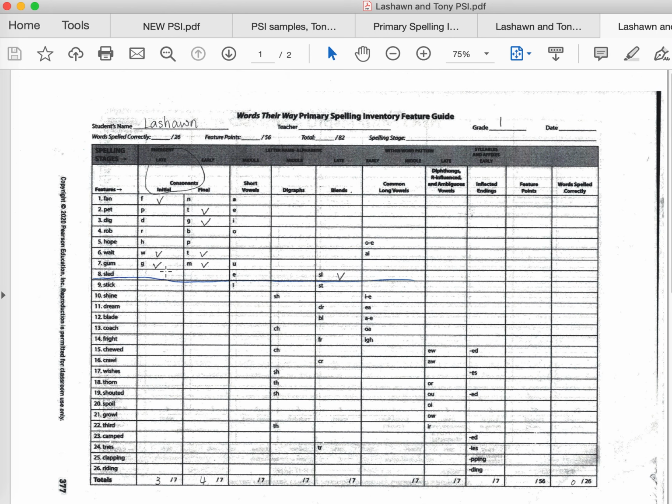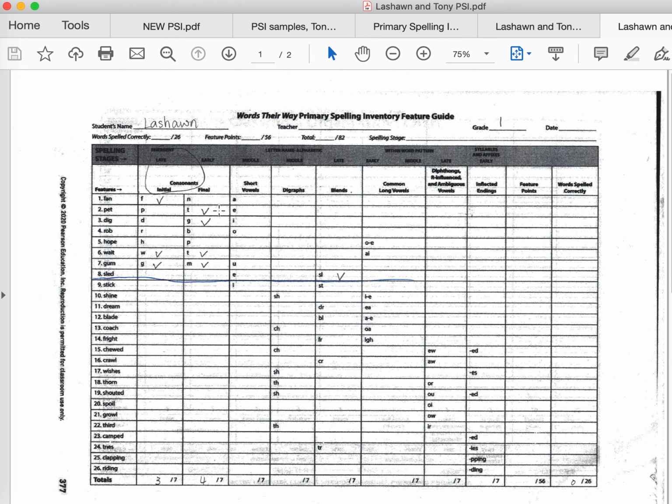So because he missed 2 or more in the initial consonant column, we would say that he's using but confusing initial consonants. If we look at the final consonants, he correctly represented 4 of 7. So again, he's using but confusing final consonants. He did not demonstrate any control of short vowels.